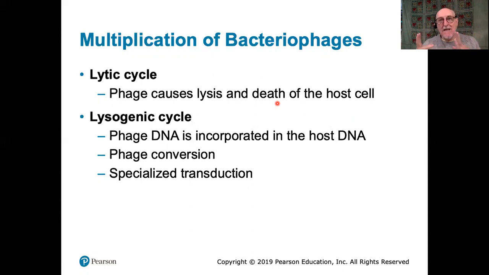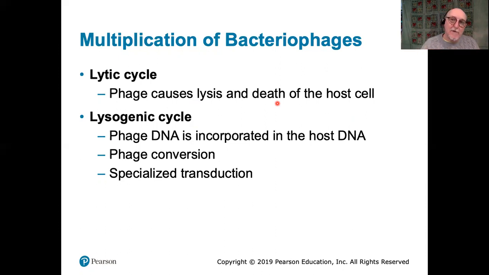And in the lysogenic cycle, something a little bit different happens, because the genetic information of the virus becomes incorporated into the host DNA. So it forms part of the host DNA. And there may be a lengthy period when nothing else happens, when the viral genes are not read off. They just get reproduced.